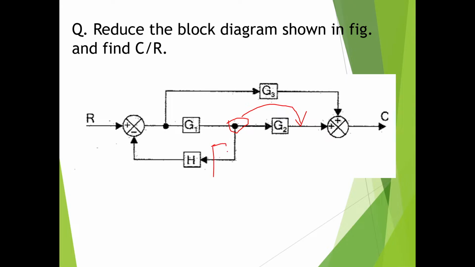Another block will come into existence here whose gain value is 1 by G2. So what will happen to this diagram? Summing point, isn't it?